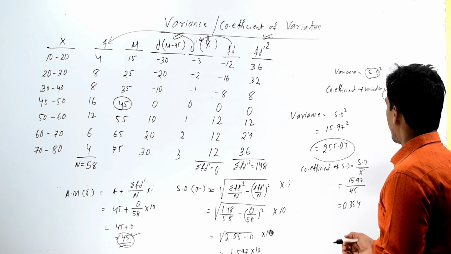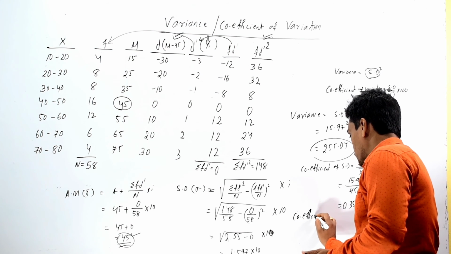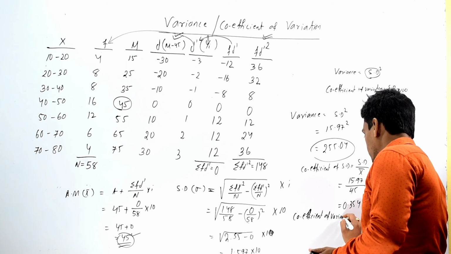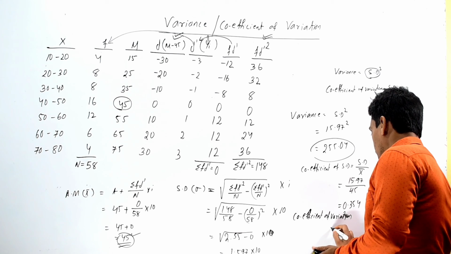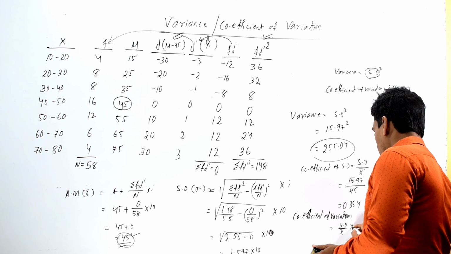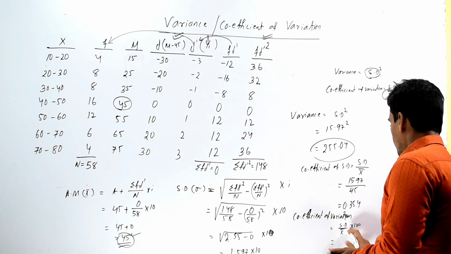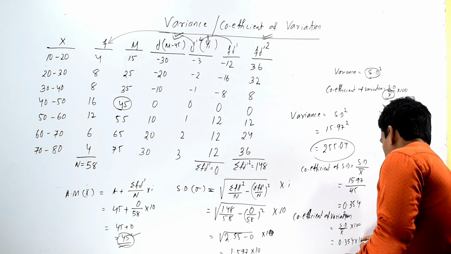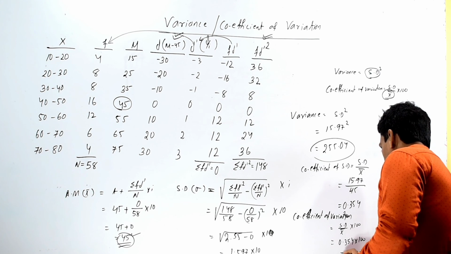Coefficient of variation equals standard deviation divided by x bar into 100, that is 0.354 into 100, that is 35.4%.